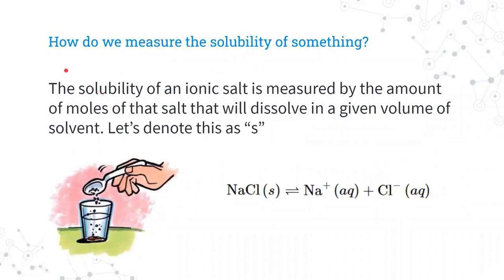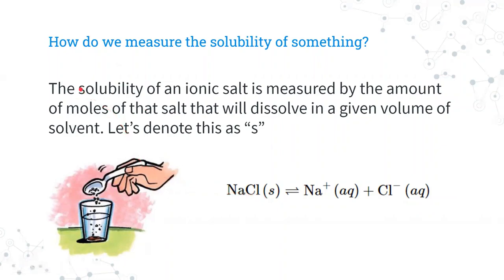Before we go any further, I just want to give a brief overview of how we actually measure the solubility of something. As we previously talked about solubility in level 2, we always described something as insoluble or soluble.